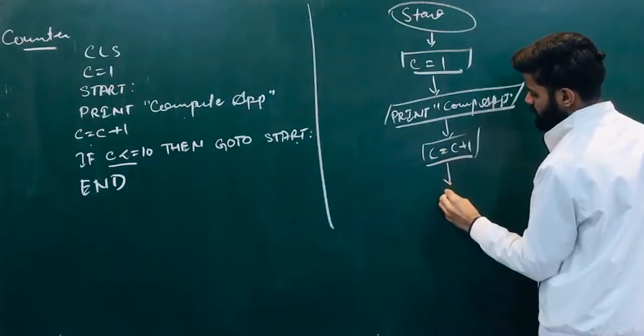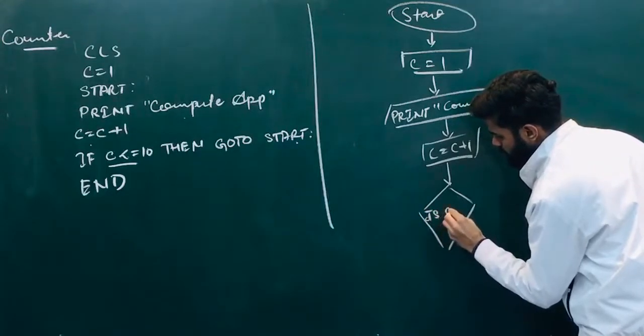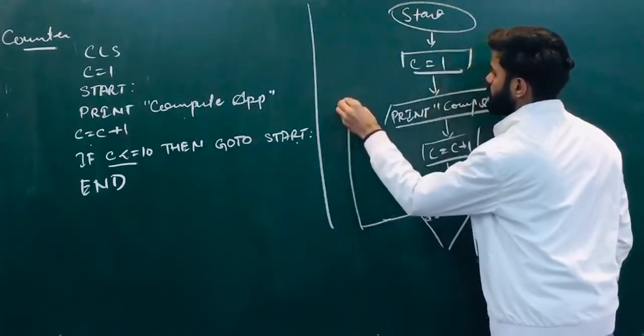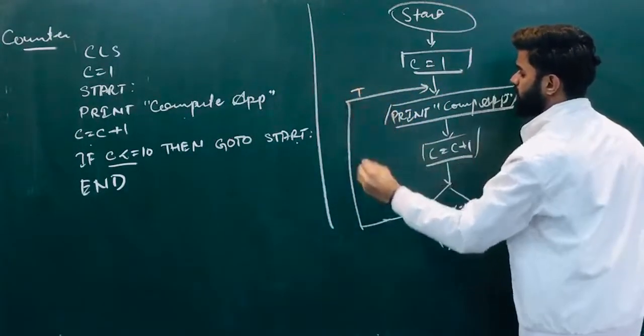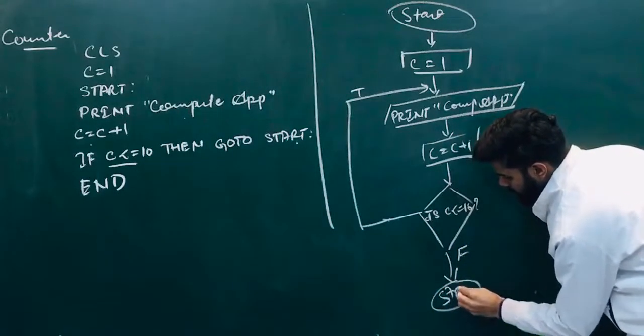And after this, is C less than or equal to 10? When the condition is true it will come back here, and when the condition is false, then the program will end, stop.